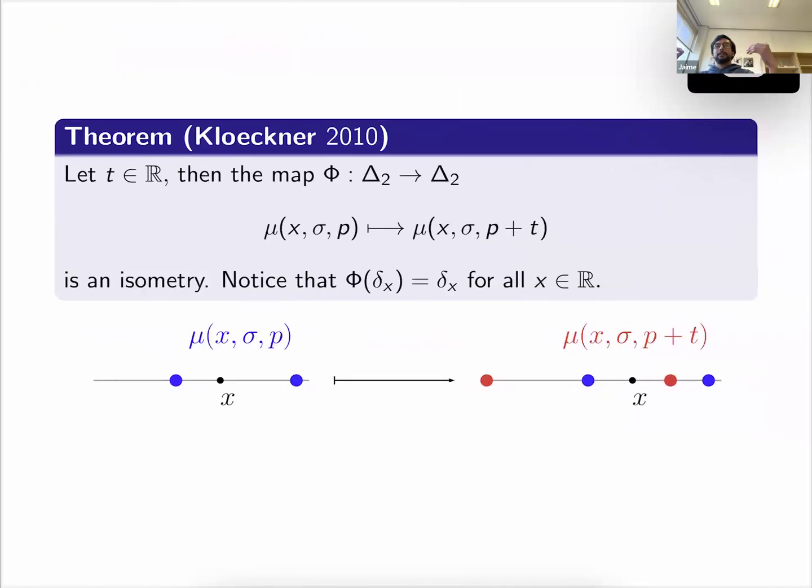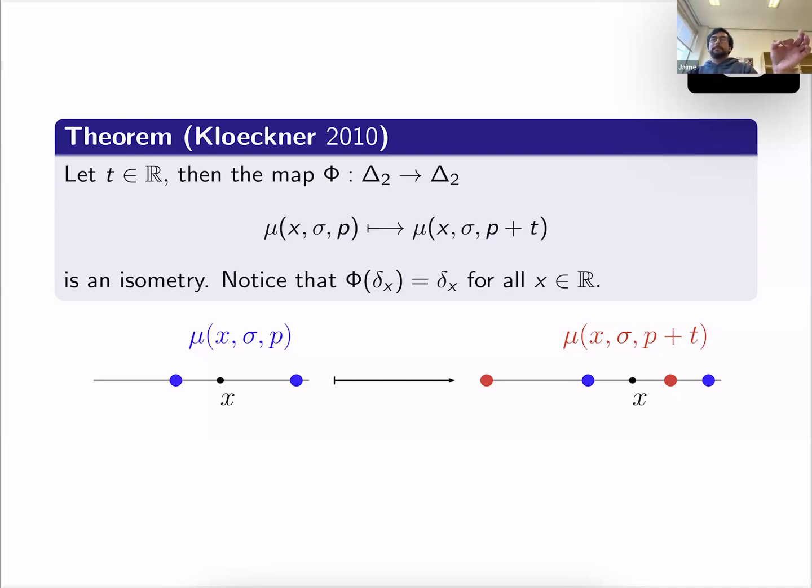Because then you can define a map in this way. Pick any t in R, that's going to be fixed, and then you define a map phi from measures with 2 atoms to measures with 2 atoms in the following way. You take mu with this data x, sigma, and p, and you send it to mu with x, sigma, and p plus t.